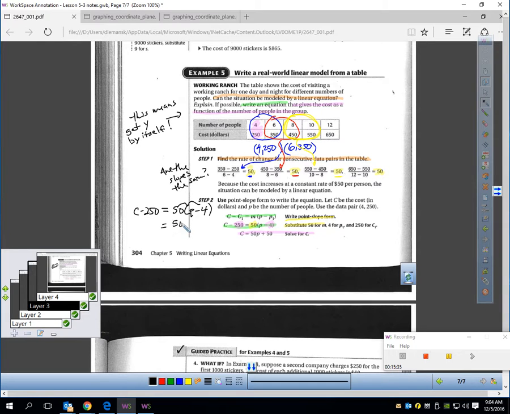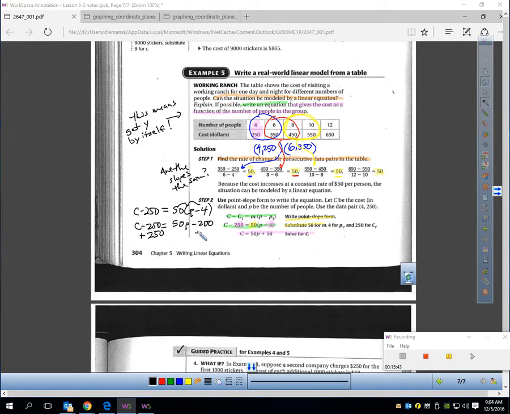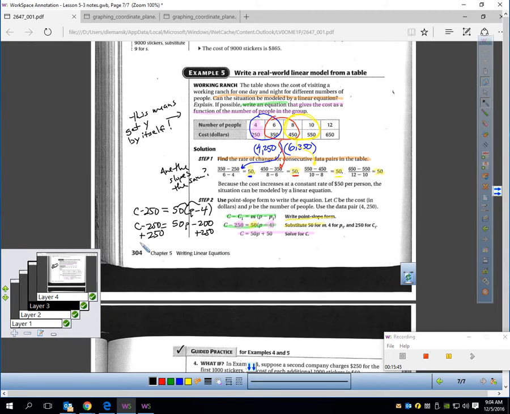So 50P minus 200 would equal C minus 250, and if I add the 250 to each side to get C by itself, I end up with C equals 50P plus 50, and that's what the book has. So now I have my equation written so that the cost is a function of the number of people.